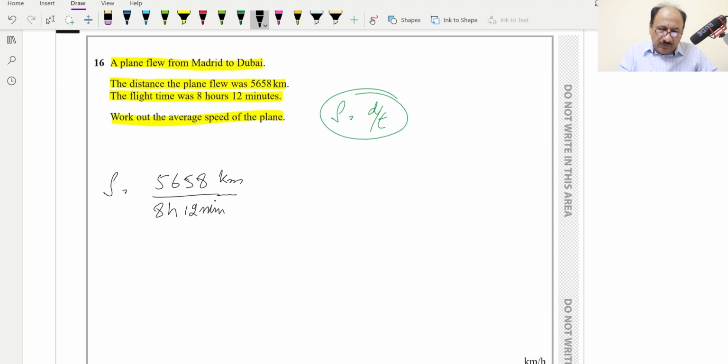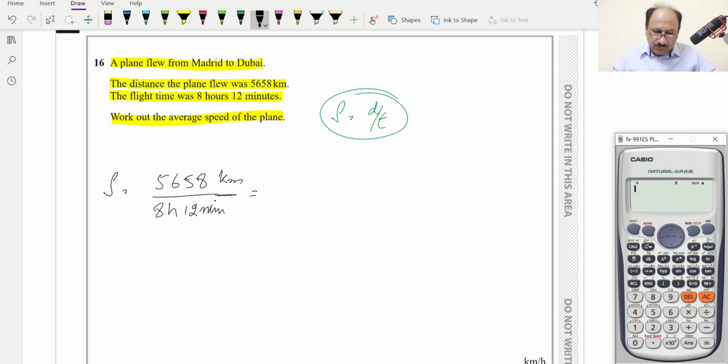So now we can simplify directly by the calculator. So fraction 565 over 8, and this is the time button, hours, and 12 into again the hour button, this one, minutes, and this will give you 690.